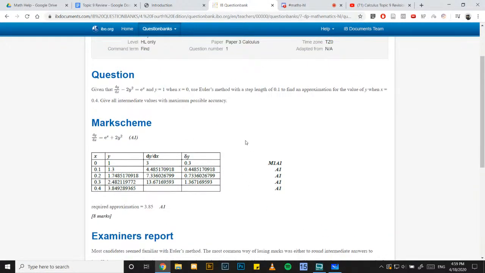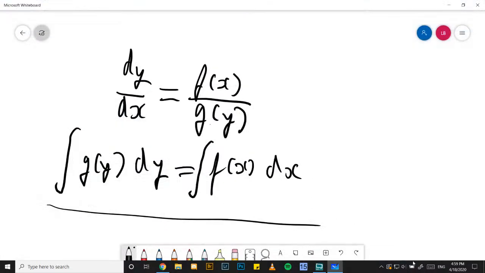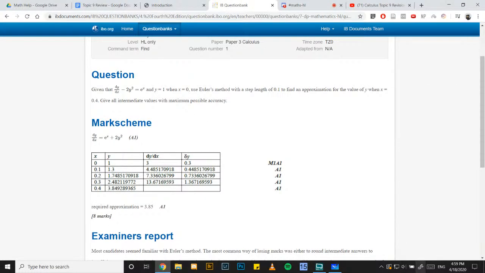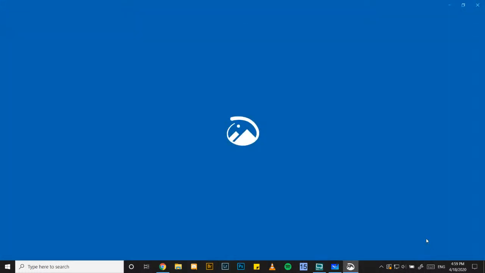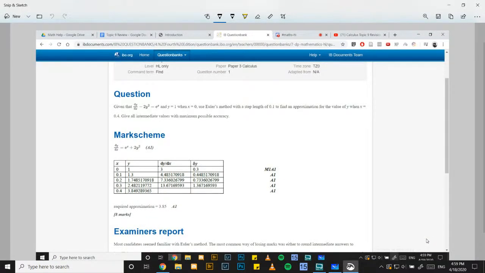So over here, basically you're given dy dx minus 2y squared is equal to e to the x. This is giving some relationship.